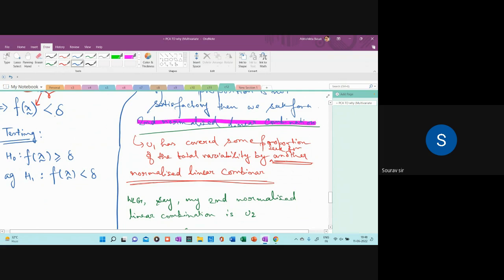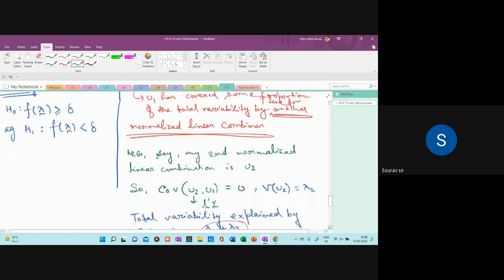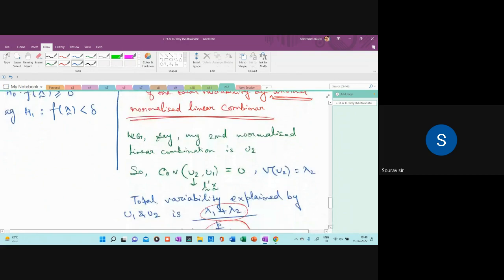We want to check whether we are going to be happy with these r components, in other words whether we retain these r components, or from r plus 1 onwards we don't need it. So this is the test statistic.